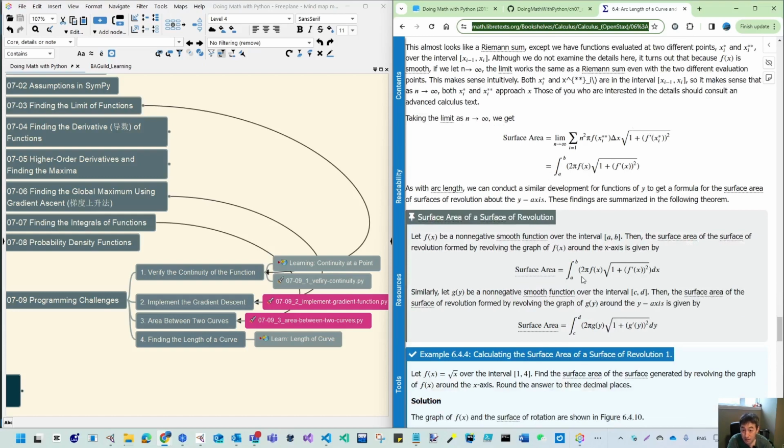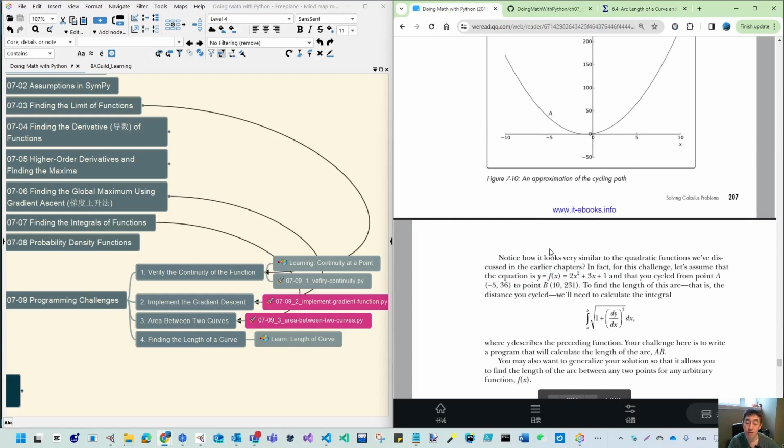The surface area formula is similar, but we add something: you multiply by f(x), or y, and by 2 pi, because you rotate the curve around to get the 3D surface. If you learn OpenSCAD, you can actually draw the 3D in a more visual way and show it yourself. But that is not for this topic, and we don't go into that detail.